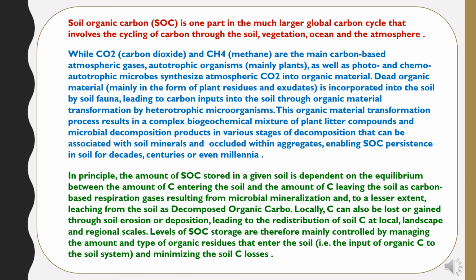Locally, carbon can also be lost or gained through soil erosion or deposition, leading to the redistribution of soil at local, landscape and regional scales. Levels of soil organic carbon storage are therefore mainly controlled by managing the amount and type of organic residue that enters the soil and minimizing soil carbon losses.